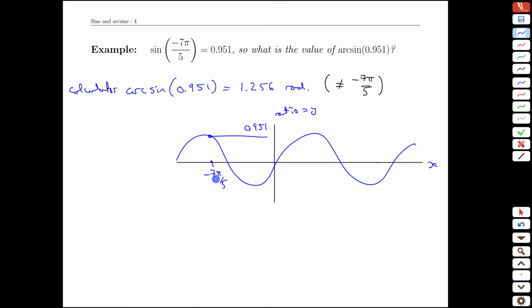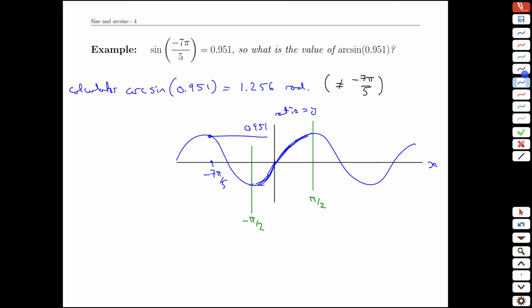So sine of this value is this y coordinate. However, because of the way the restricted domain works, we're only allowed to give, when we go backwards, values that are between negative pi over 2 and pi over 2. We're only allowed to give answers for the arcsine that lie in this interval here.